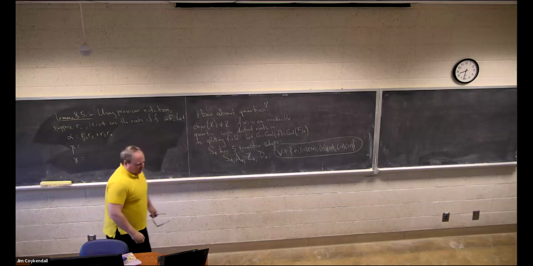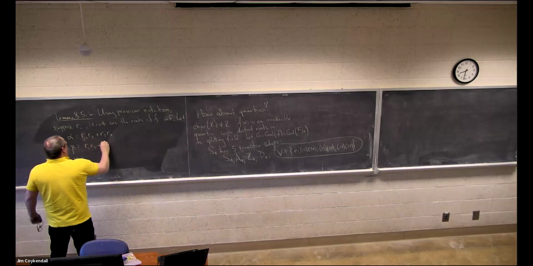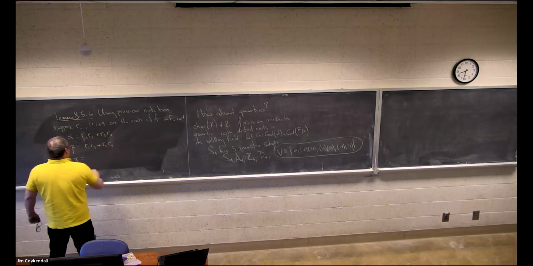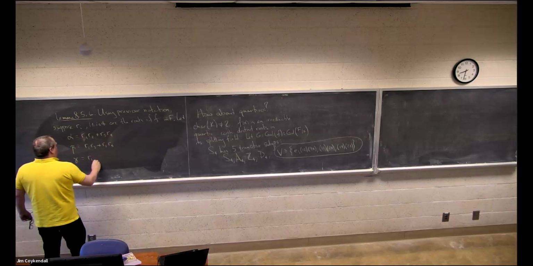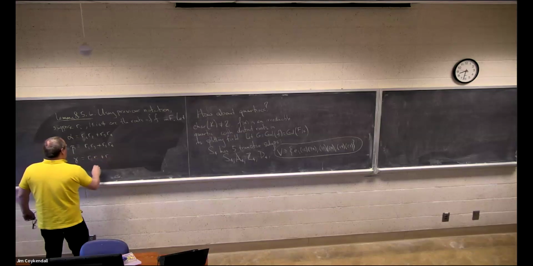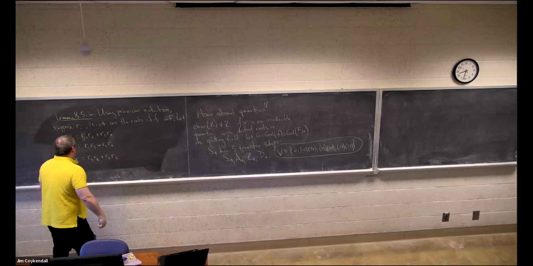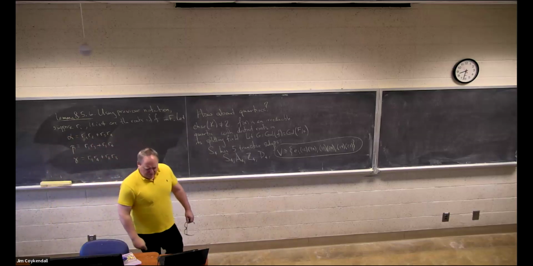Beta is going to be R1, R3, plus R2, R4. Gamma is R1, R4 plus R2, R3. Oh, I guess I should have done it this way. That would make more sense. There we go. 1, 2, 3, 4.